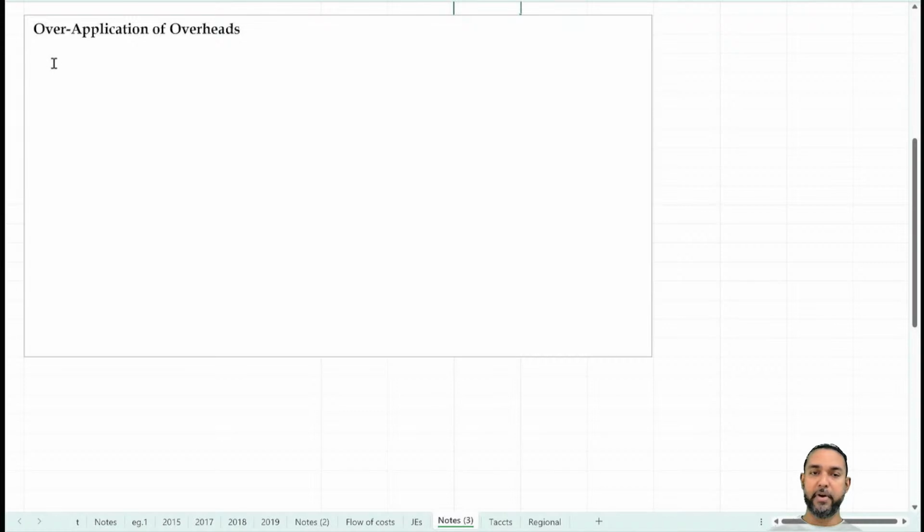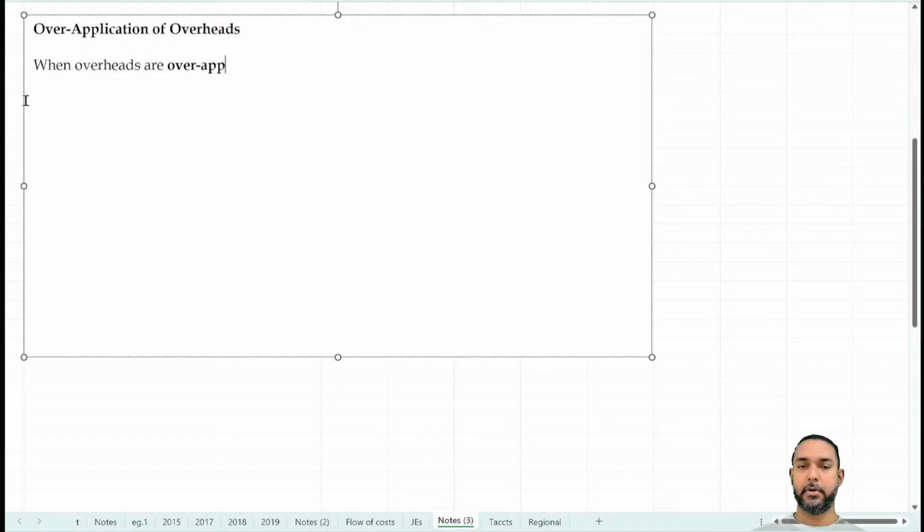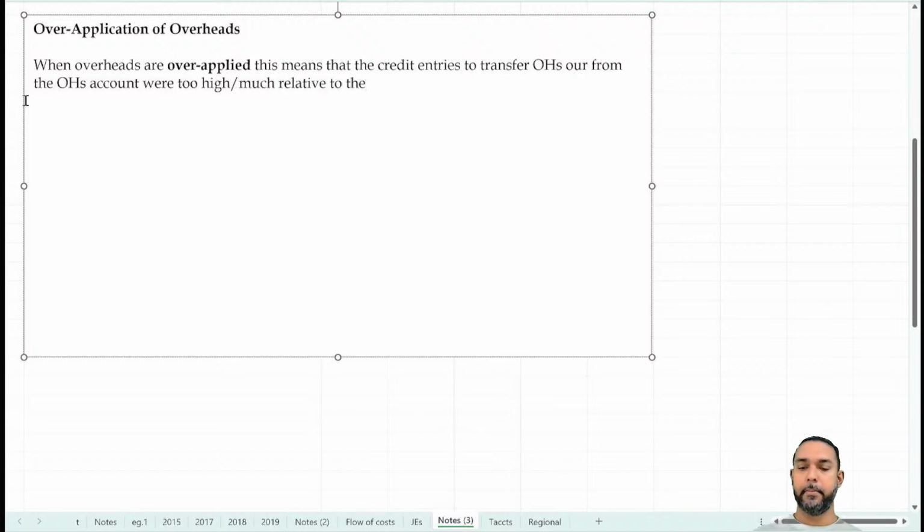Right. So let's talk about the over application of overheads and what we'll do in that particular situation. When overheads are over applied, this means that the credit entries to transfer overheads out from the overheads account were too high or too much relative to the balance in the overheads account.